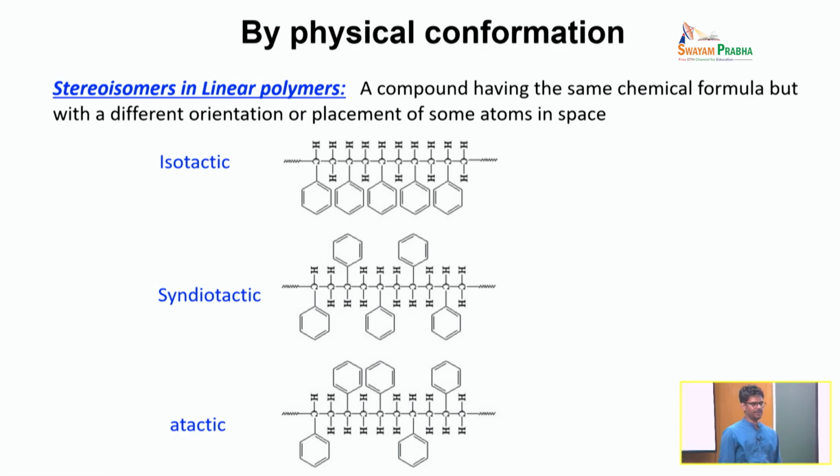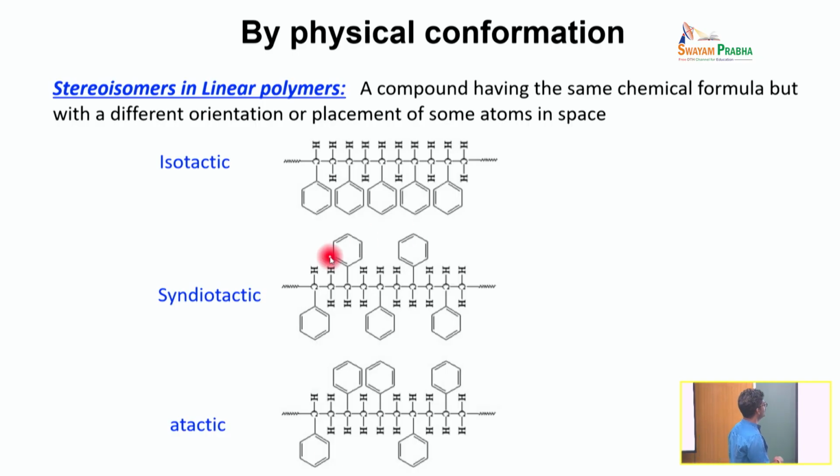Within linear polymer, there is also something called stereochemistry or stereoisomers. What it means is that even if you have a straight chain, some of the side atoms can take different orientations or conformations. This is called the tacticity of a polymer or stereochemistry of a polymer. Here we have given an example of polystyrene.